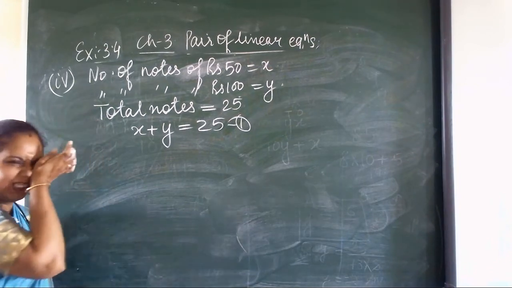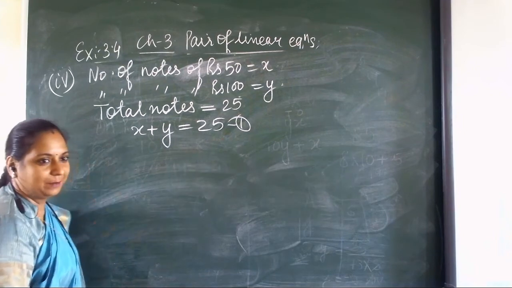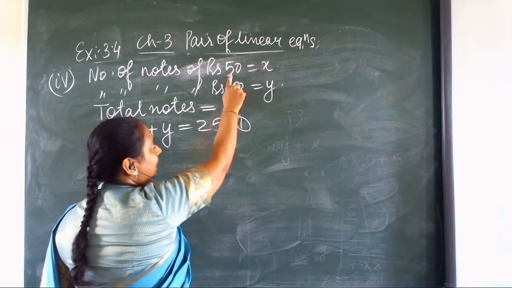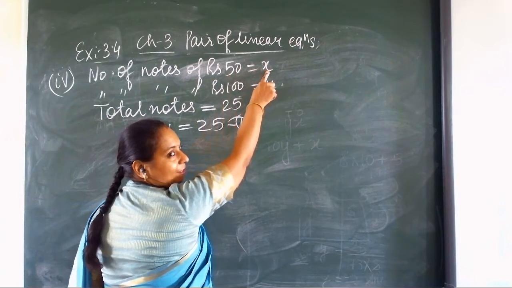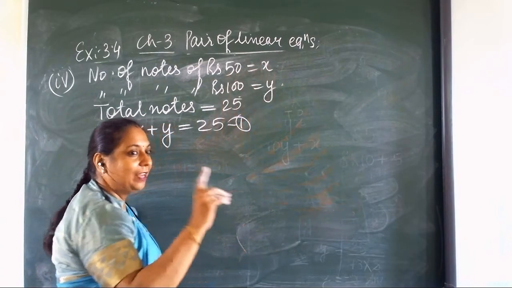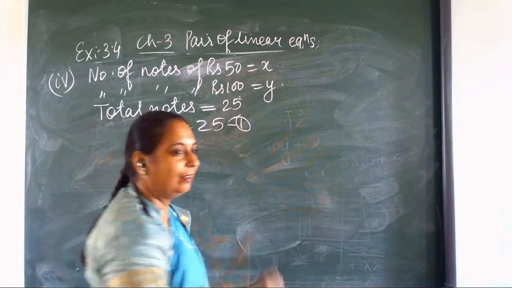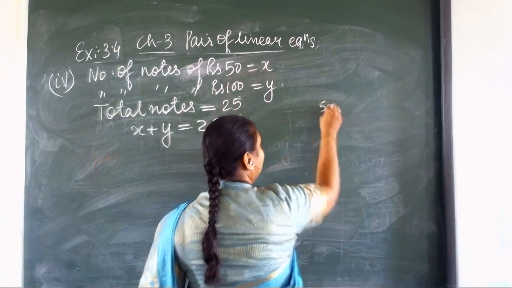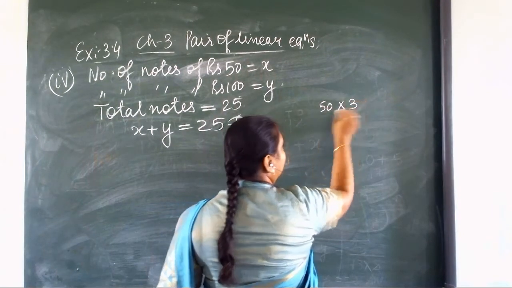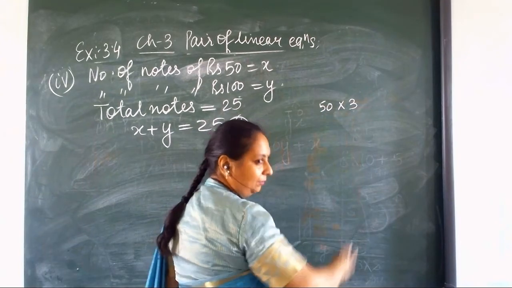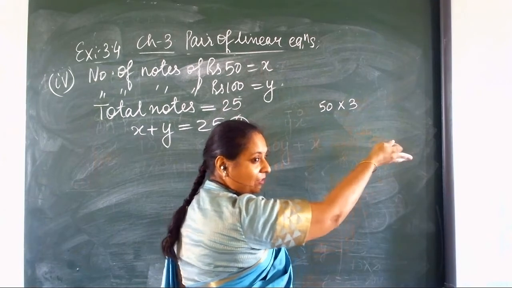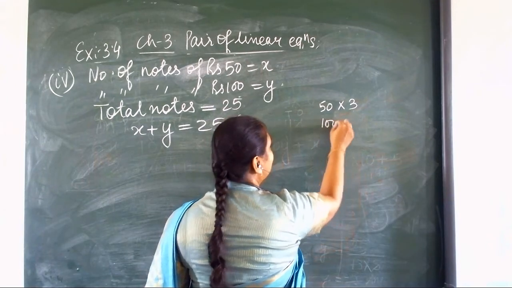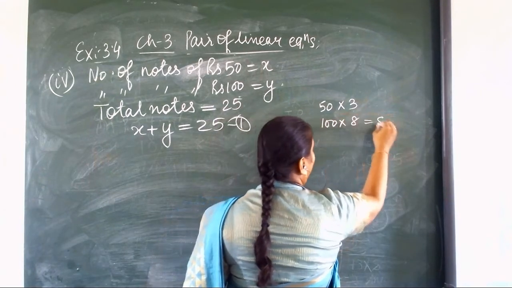How do we get 2000 rupees? 50 rupees is to be multiplied by the number of notes. If I say the number of 50 rupees notes is 3, we multiply 50 into 3. Then only we find the value. And 100 rupees notes are 8, suppose 800.